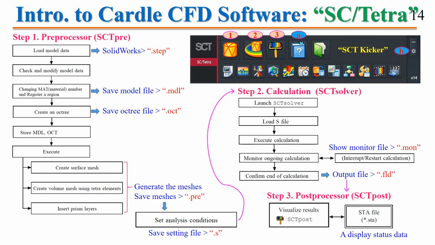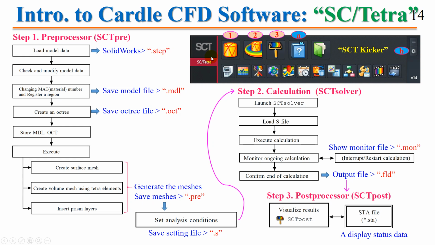For this video, I will show you the flow model by using SC Tetra, and the tetrahedral elements will be generated in this software. This is the interface of the software. Sometimes SC Tetra you can call SCT.